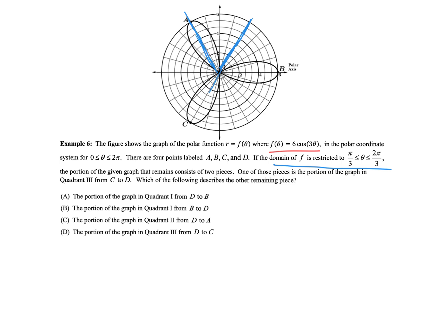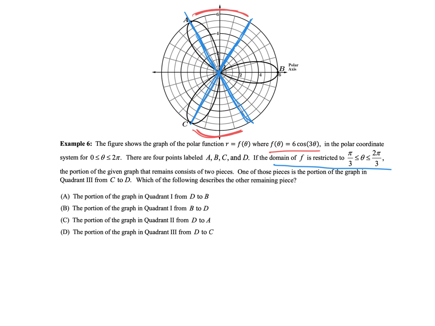However, this is also pi over 3 down there because I could get a negative radius. And then this is also 2 pi over 3 because I could get a negative radius. So really, all of that part and all of that part could be from pi over 3 to 2 pi over 3. All right, let's keep going.